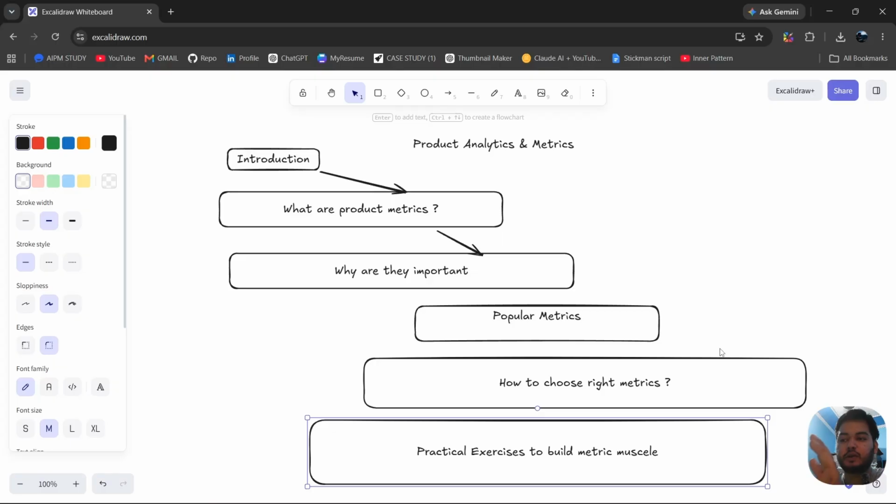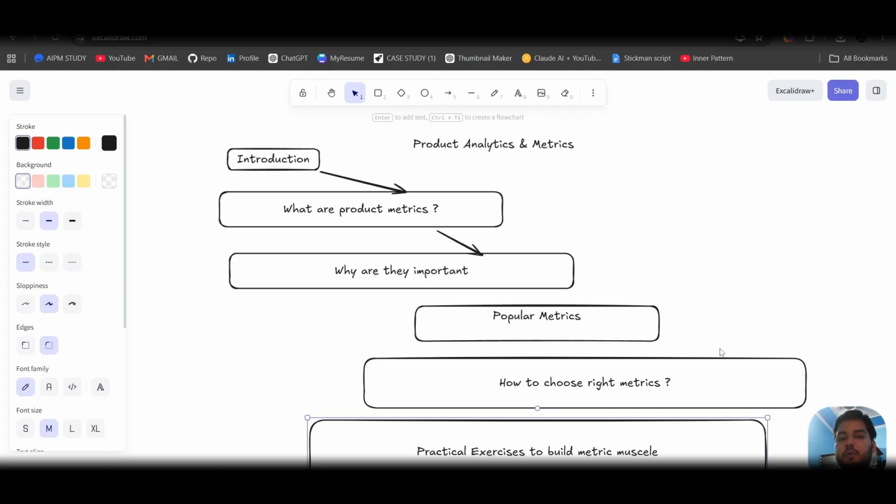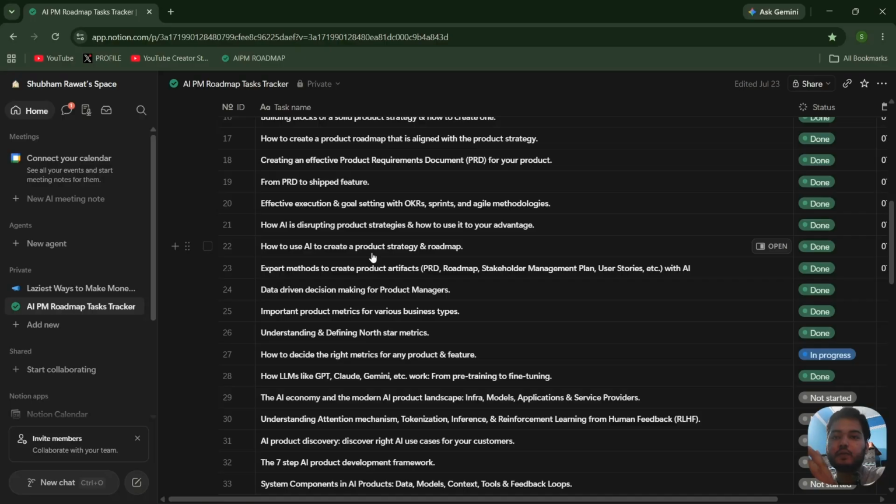And last but not least, we are going to see the step by step implementation of how to build a metric muscle using the step by step approach. So imagine you have a new feature launched, and thousands of users are using that feature. Your team is going to ask you how you are going to see whether that feature is successful or not.